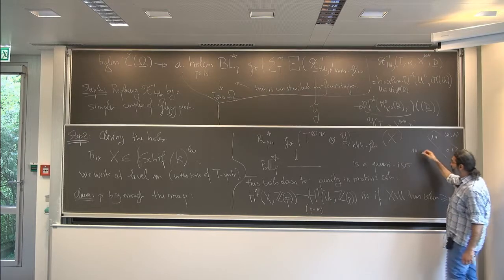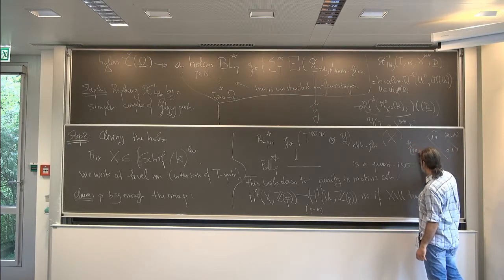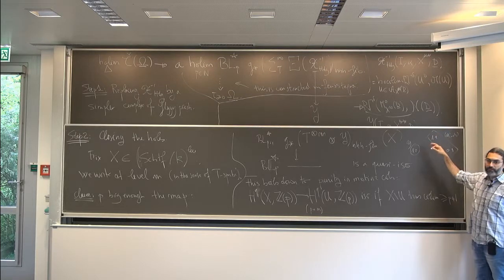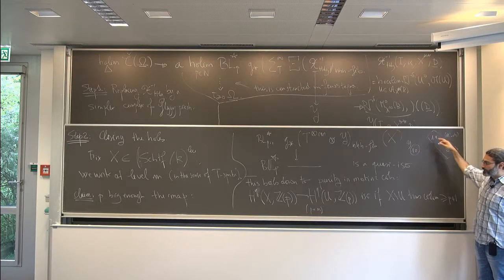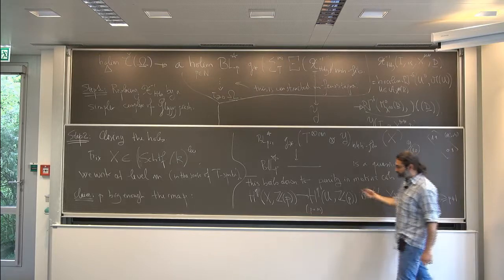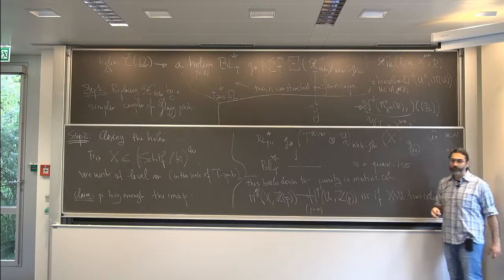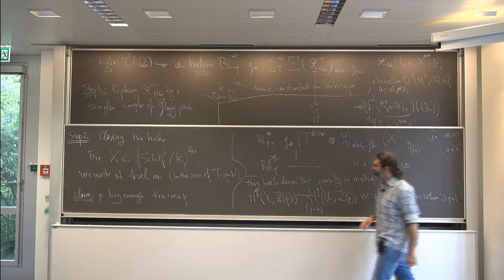And since y is really coming from this side of the diagram, it doesn't interfere too much with motivic homology, and this is still true for this twisted version. Okay, and so this is the idea why we have this.